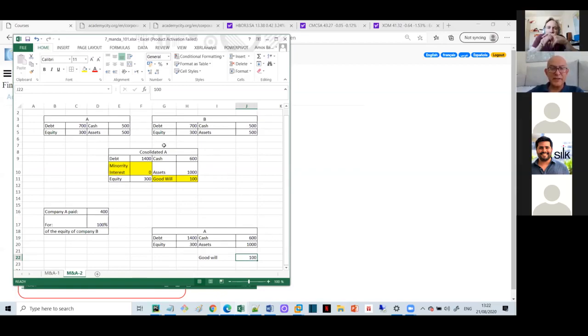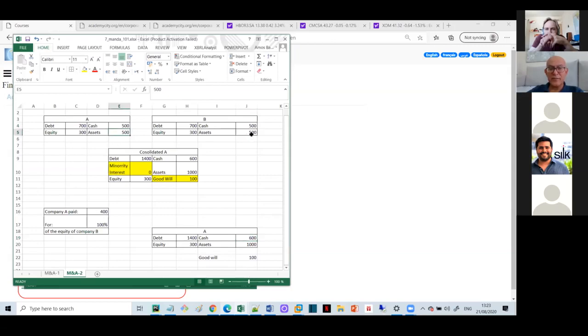What really happened is that from 500, it went down to 100. And that extra 100 over 300, 400 minus 300, is extra that I paid for some intangible assets. So bottom line, my cash goes down to 100 in this company, plus the 500 of company B becomes 600.